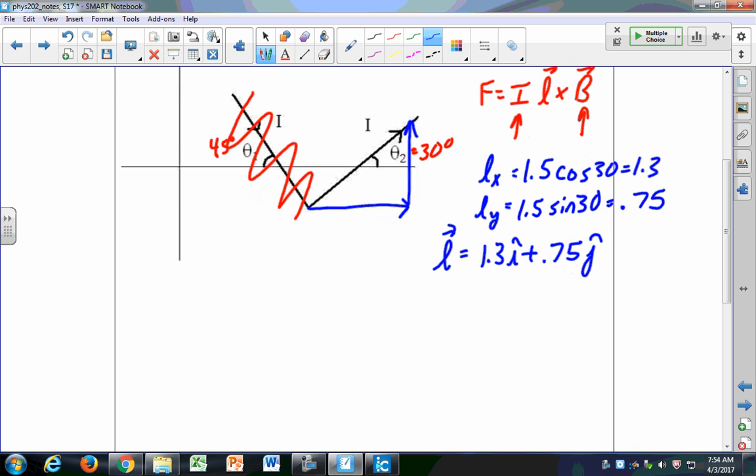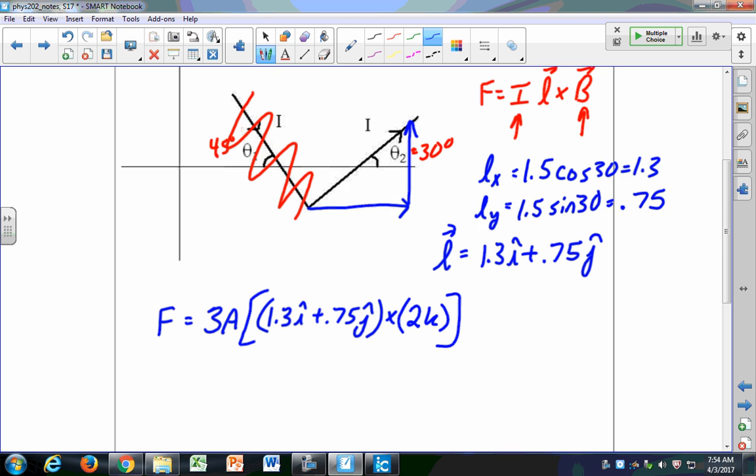So now I do my cross product. My current is 3 amps. That just sits outside the cross product for now. 1.3I plus 0.75J crossed with my magnetic field, which is positive 2K. And so now I multiply this, and I multiply this, but I need to know what direction I cross K is.